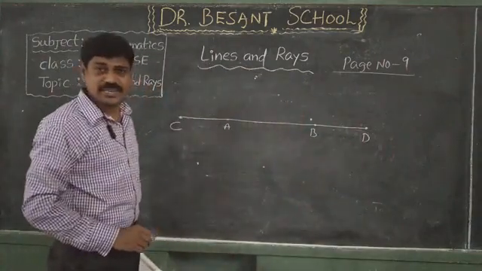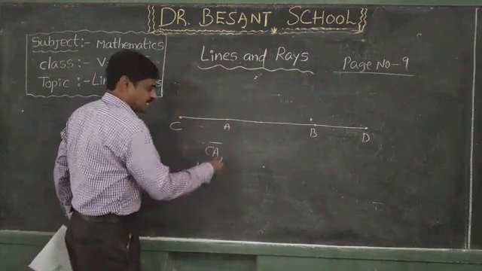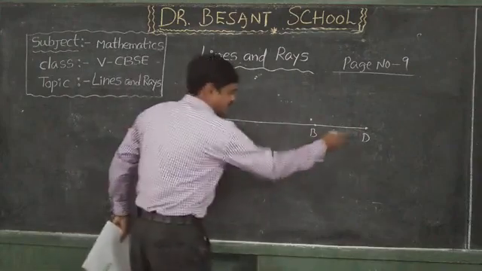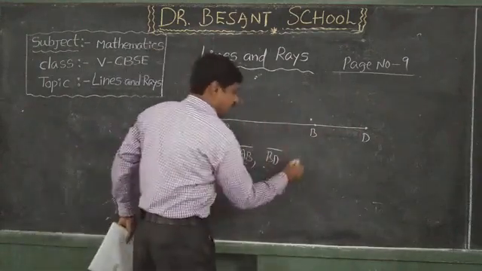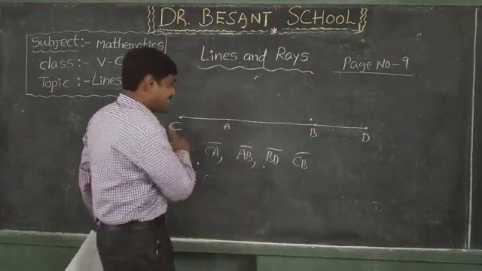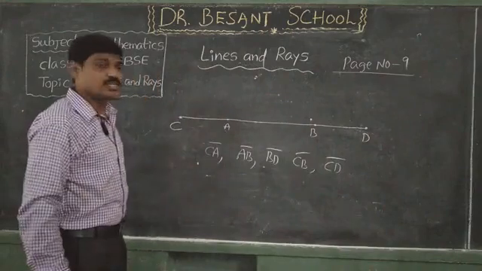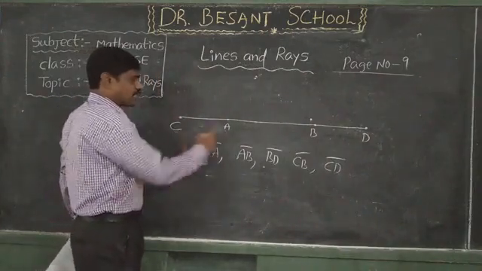So line segment CA, yes. Line segment AB, yes. Line segment BD, yes. Line segment CB, yes. The line segment CD, yes. Understood or not? Why? Because here in line segment CA, what are the endpoints?